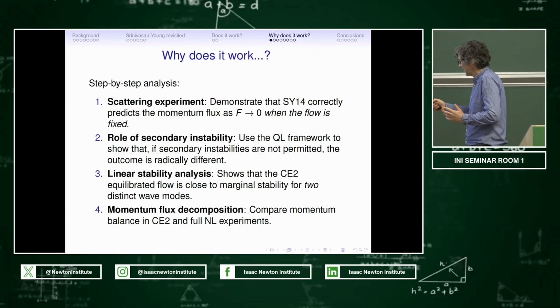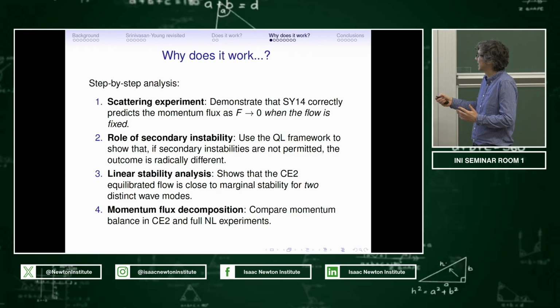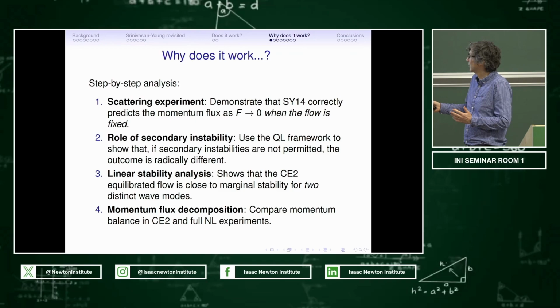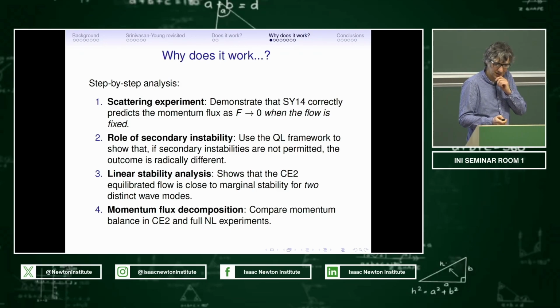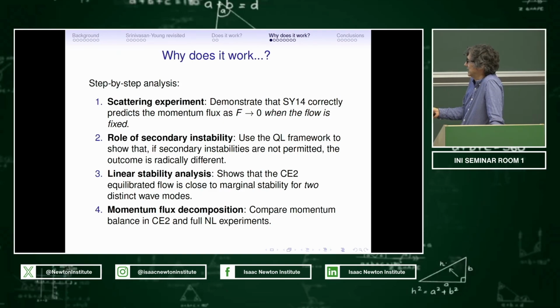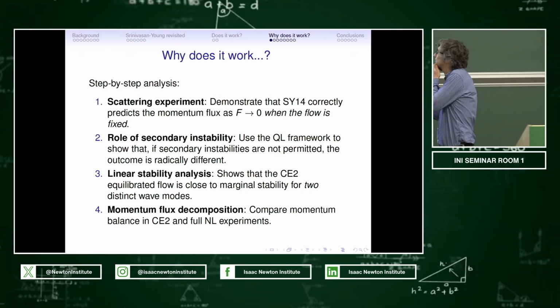And then we're going to investigate the secondary instabilities further, first of all by showing that the equilibrated flow is close to marginal instability, and in fact it's close to marginal instability from more than one wave mode, one which lives essentially on the eastward jet and one which lives essentially on the westward jet, and that they both have a role in the momentum flux balance. And then we're looking at the momentum flux decomposition and comparing that in the CE2 and full nonlinear experiments.